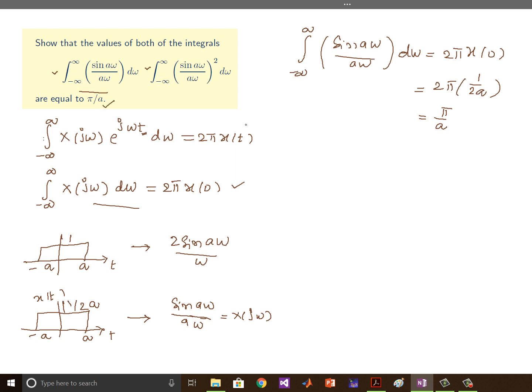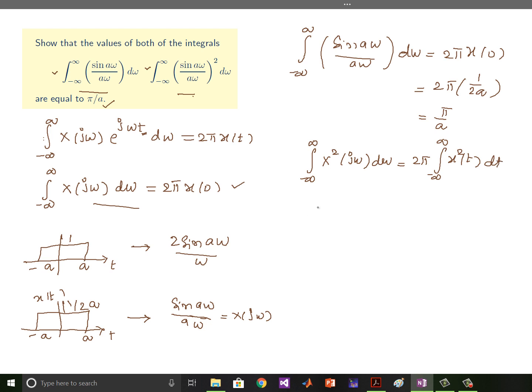Now to evaluate the second integral, we will take the help of Parseval's relation, which says that the integral from minus infinity to infinity of |X(jω)|² dω would be equal to 2π times the integral from minus infinity to infinity of |x(t)|² dt.